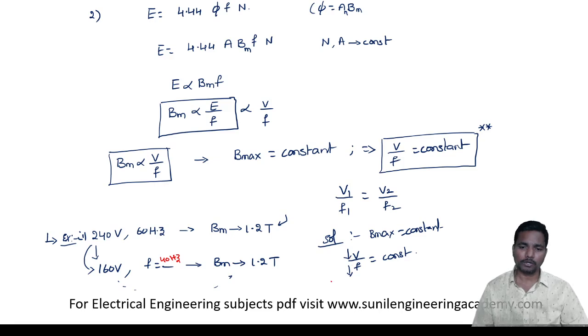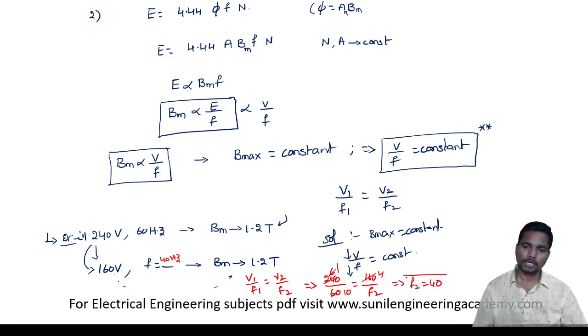Okay, still you can calculate with your conventional formula. V1 by F1 is equal to V2 by F2. From this, V1 is 240, F1 is 60, V2 is 160, F2 you need to find out. From this, F2 is equal to 40.